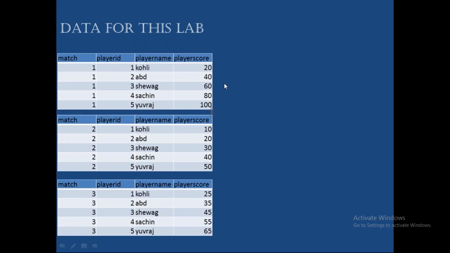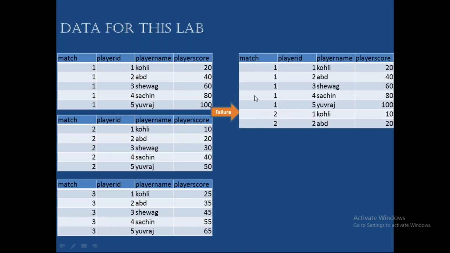I'm loading the data, and when I'm loading the data, a failure happened, after loading all these records plus these first 2 records. Now I want to restart. When I restart this particular process, is it going to load all the 15 records again?